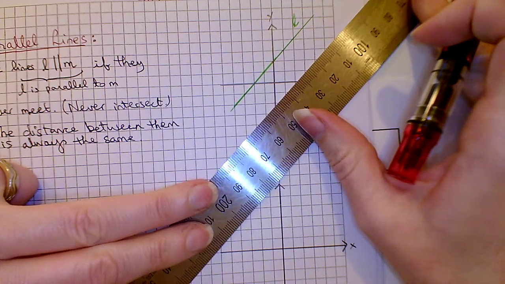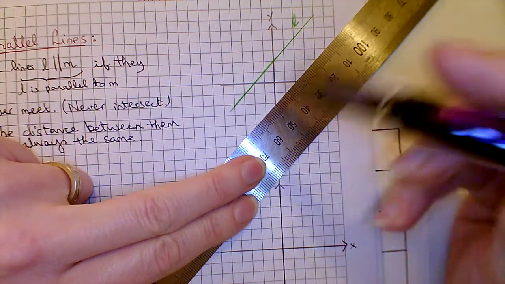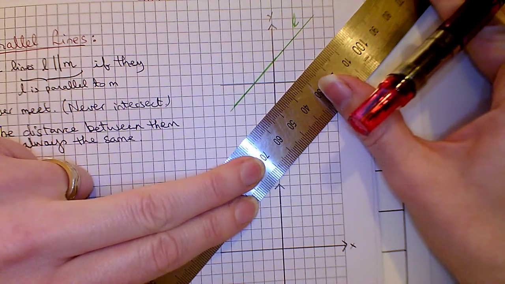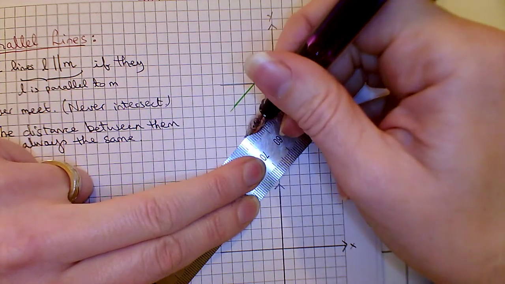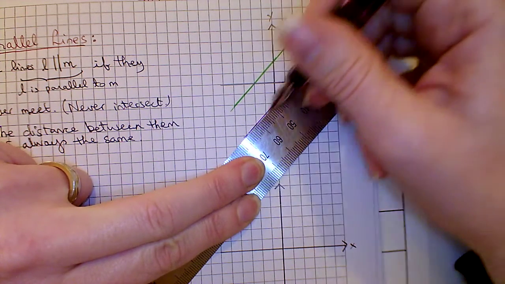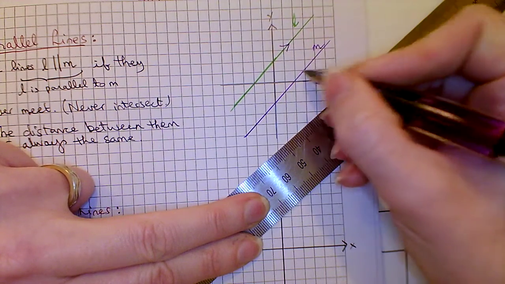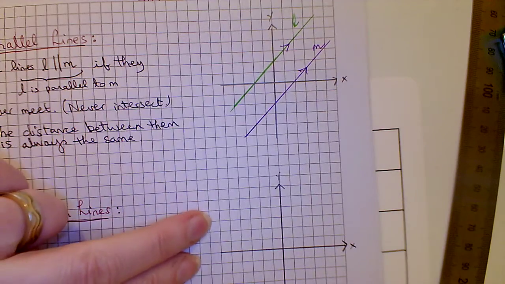And if the distance between them must stay the same, that means that every time I go up one here, I have to go over one. I have to have exactly the same steepness to this line, or I have to have the same slope. And we often draw on these little arrows to indicate that they're parallel.